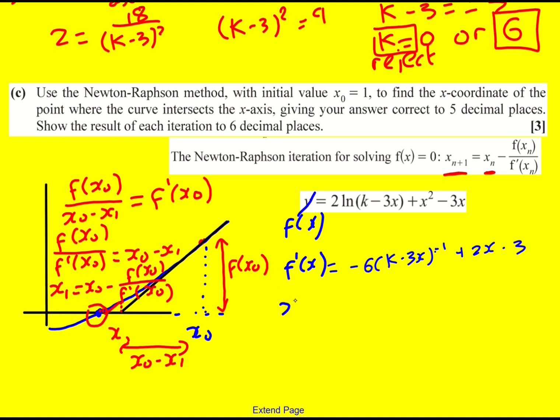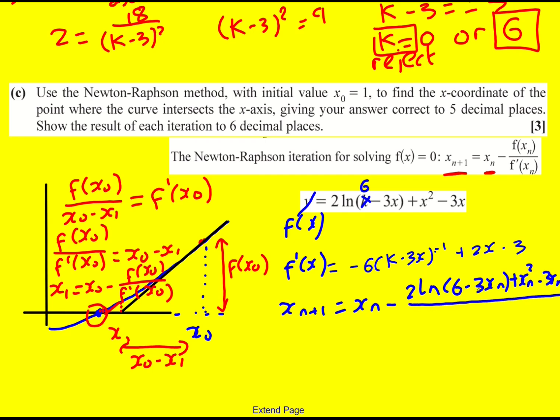So then the Newton-Raphson method becomes x_{n+1} equals x_n minus 2 ln, remember k was 6, 2 ln 6 minus 3x_n plus x_n squared minus 3x_n, all over this derivative.